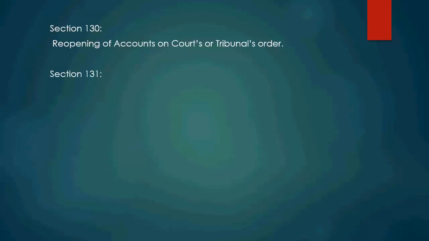Next is section 131. Section 131 deals with voluntary revision of the financial statement or the board report. So section 130 was compulsory reopening, or reopening on application or with the intervention of the court in case of any fraudulent activity or if the accounts were mismanaged and stuff.